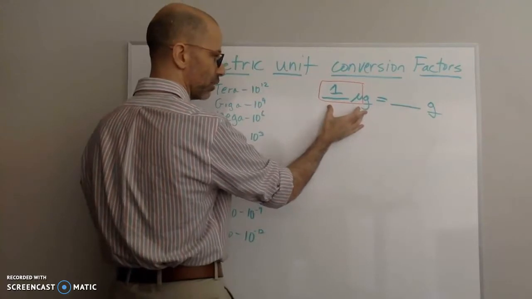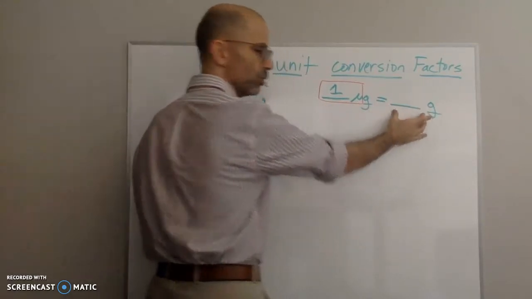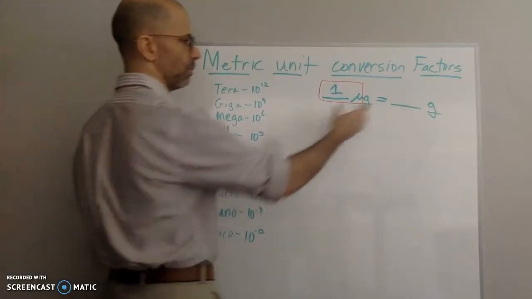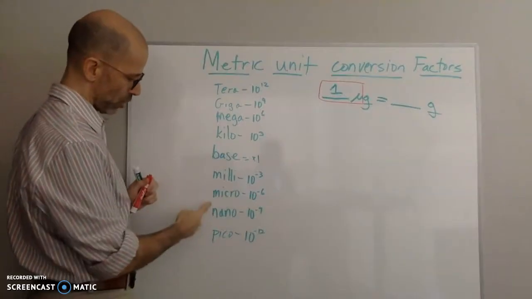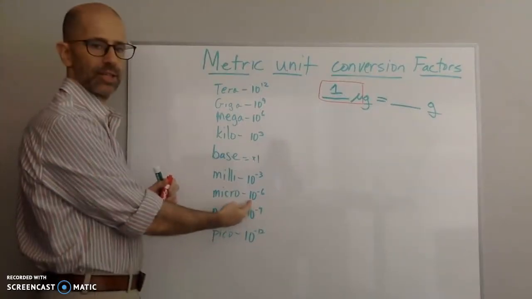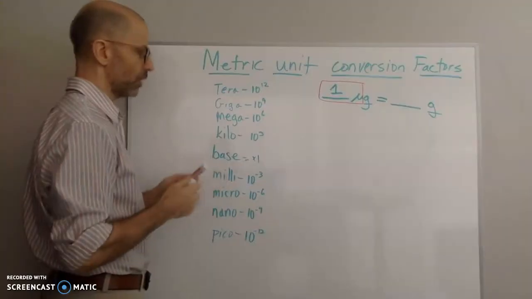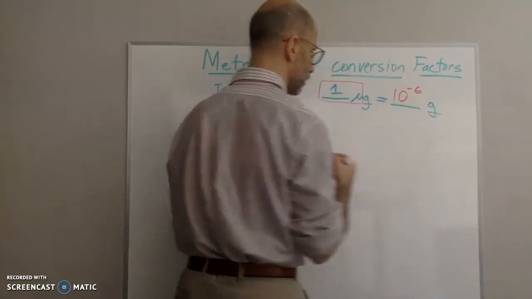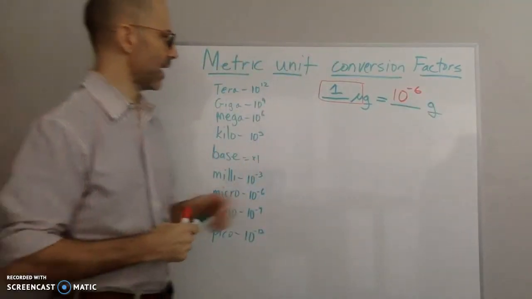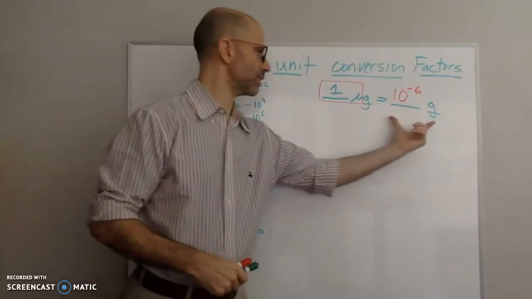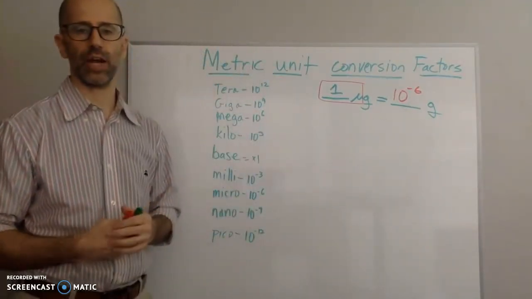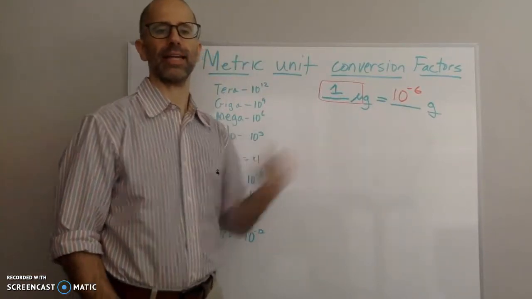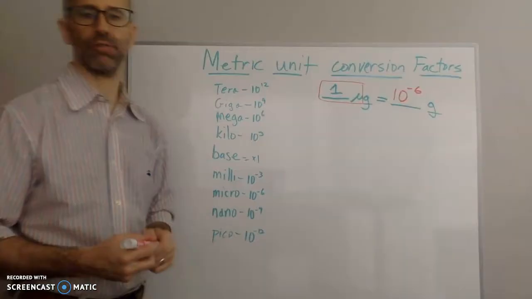So the 1 micro is replaced by the multiplier on that side. So micro is the multiplier 10 to the negative 6. So I'm going to put 10 to the negative 6 on this side. So 1 microgram is equal to 10 to the negative 6 grams. And this is true. This is the equality, and now I can use that as a conversion factor.